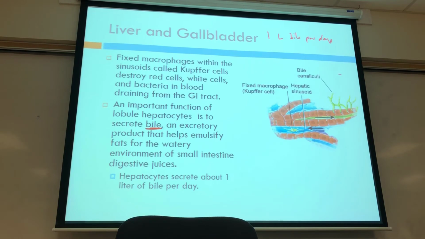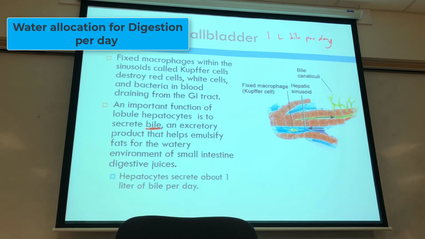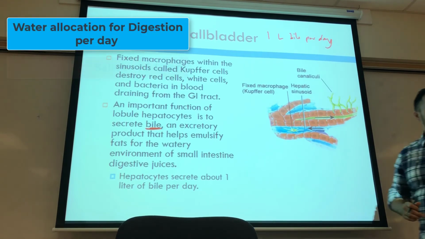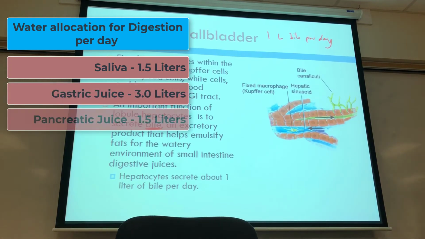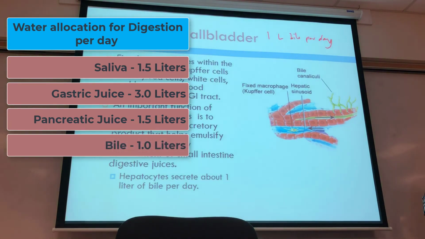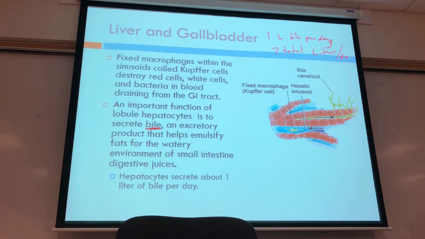So our running total for the amount of water that we've dumped into the system is now 7 liters: 1.5 in saliva, 3 in gastric juices, 1.5 in pancreatic juices, and now 1 liter of bile. That's 7 liters now, per day.